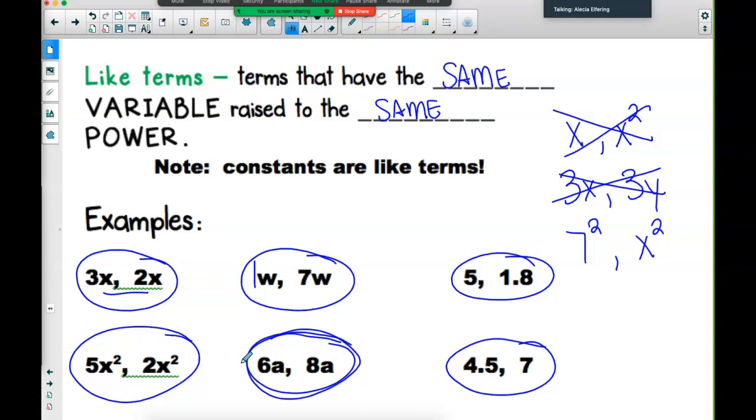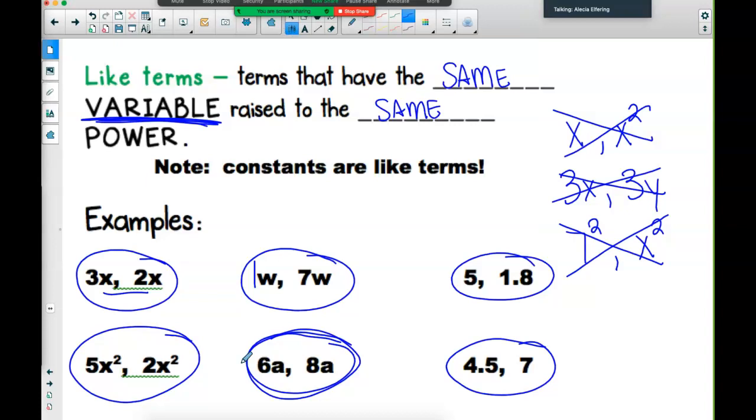The answer is actually no. They are not like terms. Can anybody tell me why they are not like terms? T. They do not have the same variable, but they are the same power. Right. So this has to be correct first. They have to have the same variable. If they have the same letter, then we look for the power.